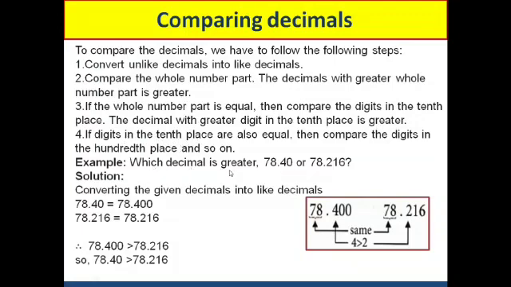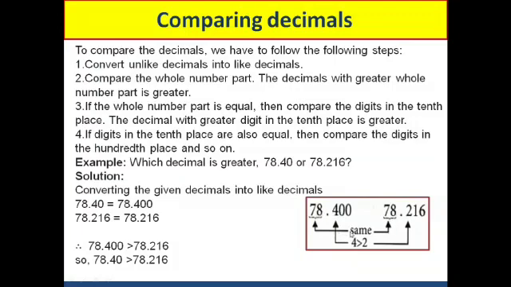Let's understand with an example. We have to compare 78.40 and 78.216. Now let's see. First of all, I'll convert them into like decimals. 78.40 will become 78.400 and the other is 78.216. Let's compare. 78 and 78.